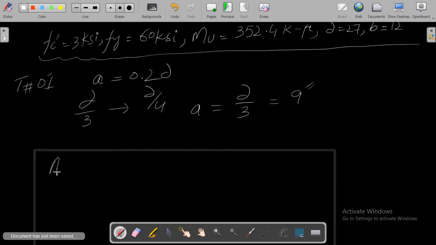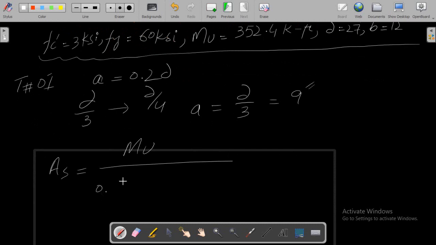So my area of steel, we know this well-known equation, which I derived in my lecture 01: As equals Mu divided by 0.9 Fy into (d minus a over 2). Now we just plug in this a value, and the rest of the values we know.